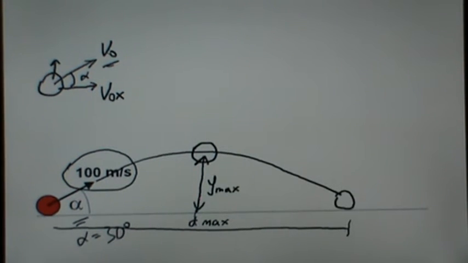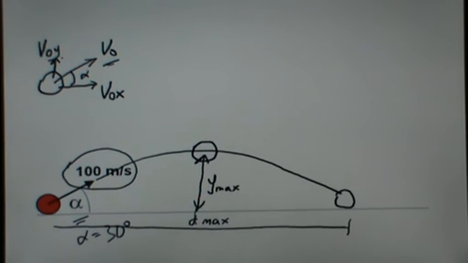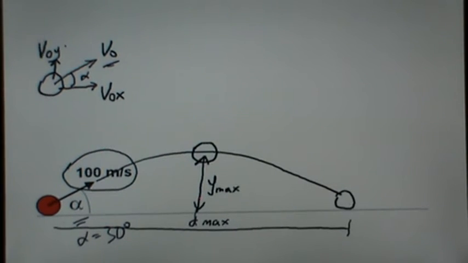And also the initial velocity has a component in the vertical direction. Let's call it v0y. So this is the initial velocity in the vertical direction. And you know also the value here: v0x will be v0 times cosine alpha, since alpha is here, and the value of v0y will be v0 times sine alpha.